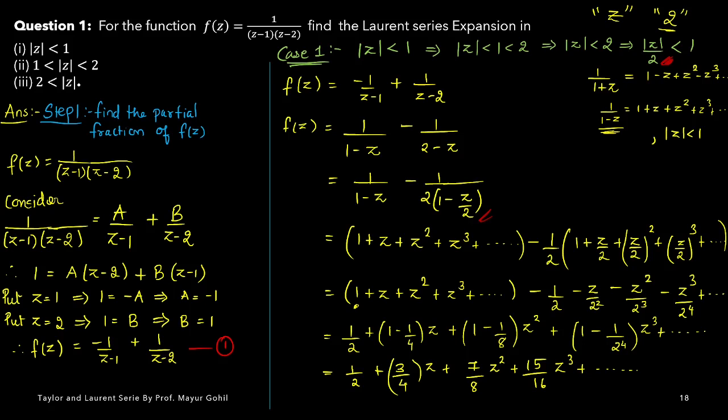Since we have only positive powers, this is called a Taylor series. Okay, Taylor series expansion we have got. Taylor series is a smaller version of Laurent series, you can call it. So this is the expansion we get in this case.